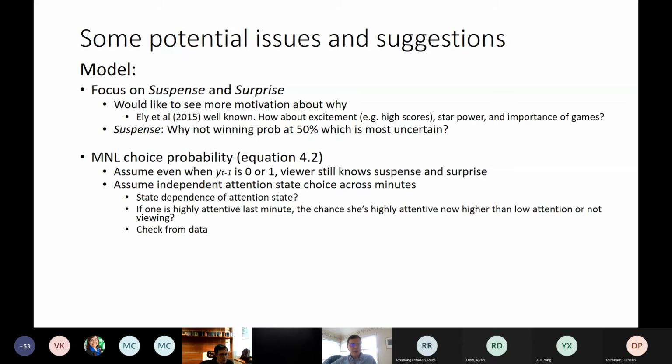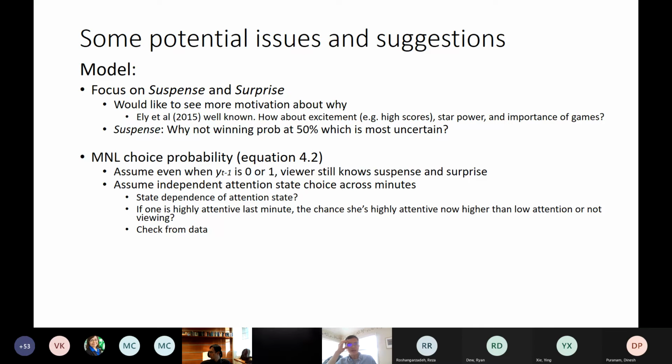Now, the other issue for me is that this multinomial logit model basically assumes that the attention state choices are independent across minutes. So every minute I'm choosing whether I should view, and how much attention to pay, high or low attention, every minute.